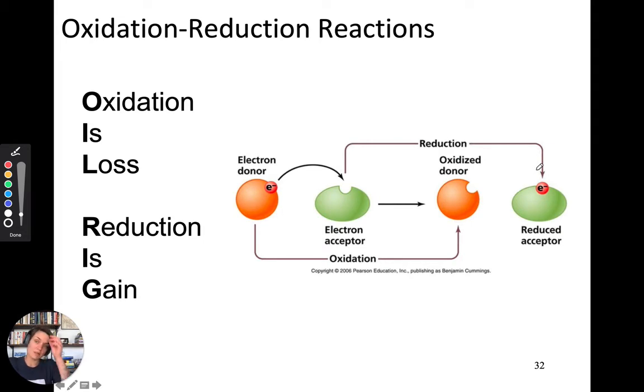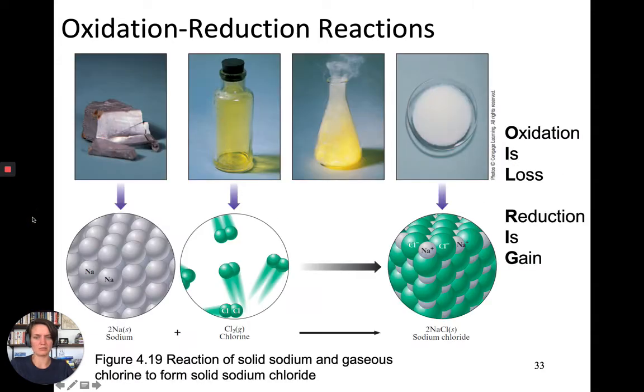Because they always go hand in hand, we often will call oxidation reduction reactions by this abbreviated term of redox reactions. Very exciting. So you'll hear me use both, know that they mean the same thing.